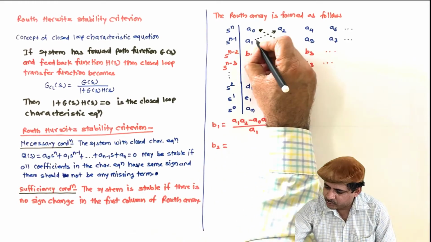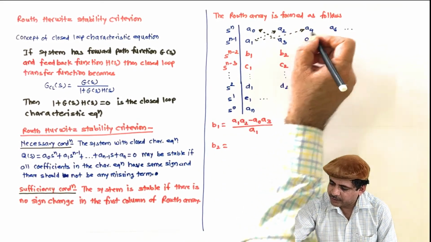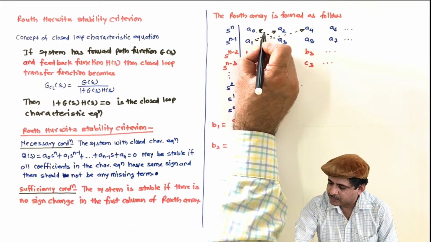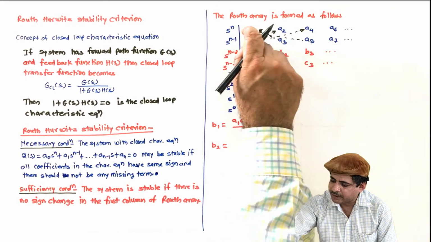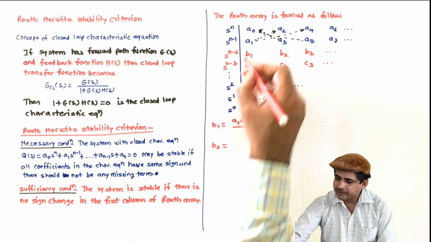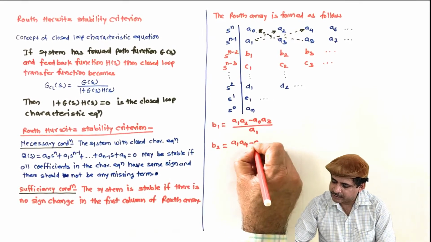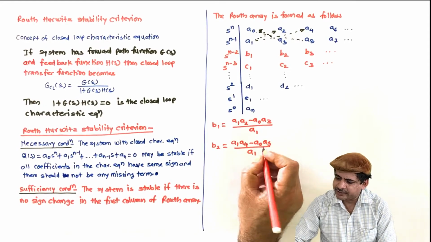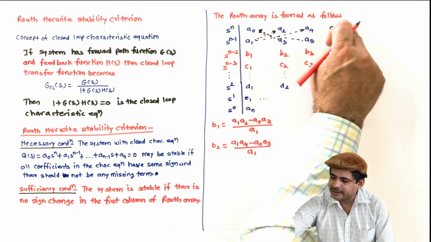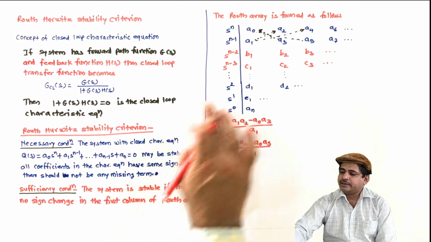While calculating B2, we shall proceed further: A1 A4 minus A0 A5 divided by A1. So it is A1 A4 minus A0 A5 divided by A1 and so on. B3 will be A1 A6 minus A0 A7 by A1, and this way we will calculate till the last element of this row.